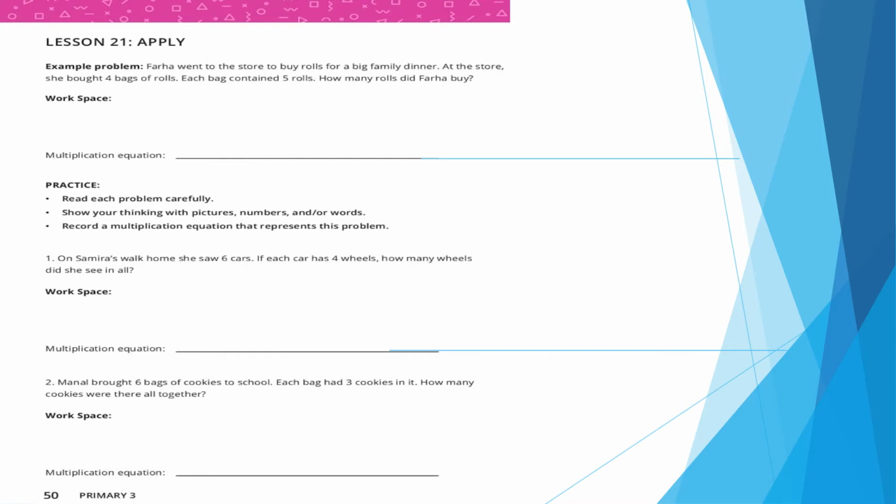Now, we have 4 bags. Each bag contains what? 5 rolls. So we have 4 bags with 5 rolls in each bag. So the multiplication equation will be 4 times 5, because 4 bags times 5.